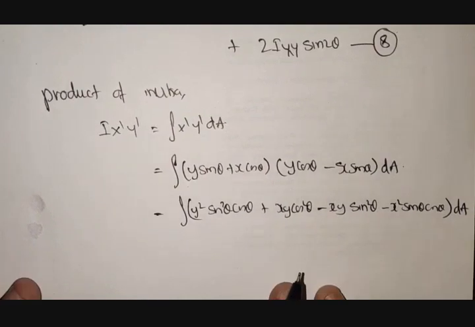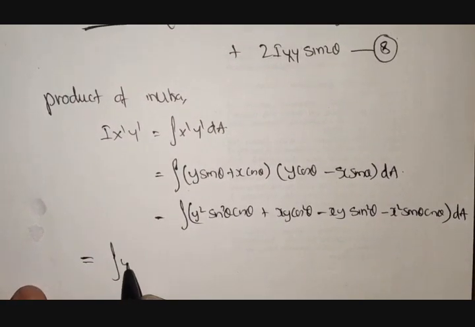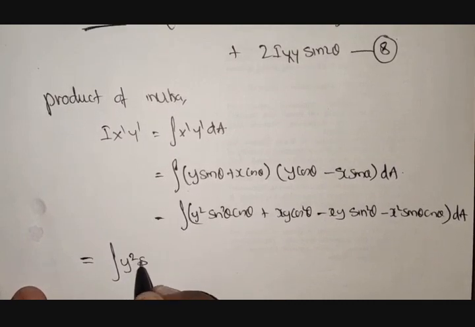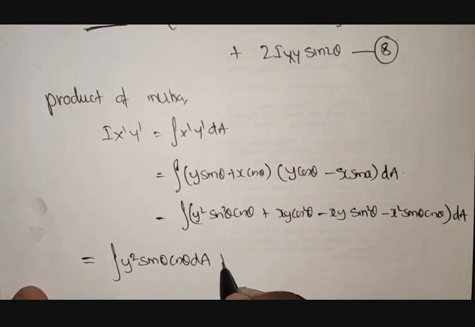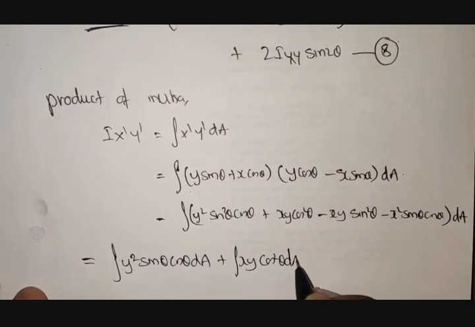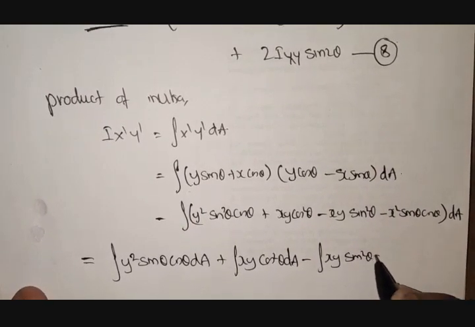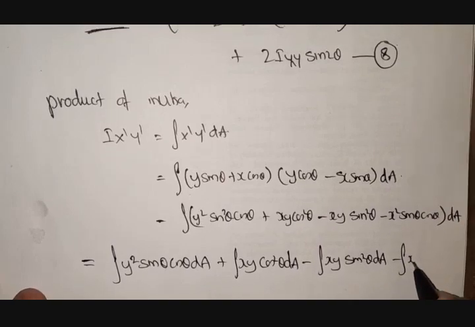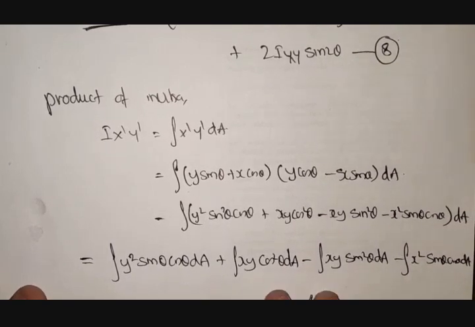So now if I am going to separate the terms, integral y square into sin theta cos theta dA plus integral xy cos square theta dA minus integral xy sin square theta dA minus integral x square sin theta cos theta dA.